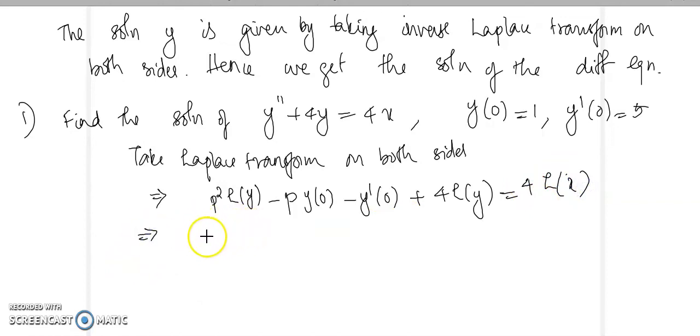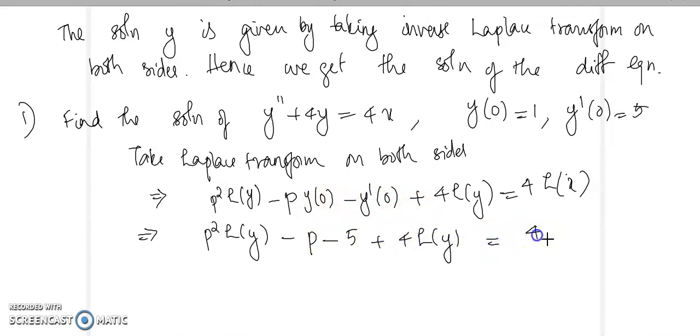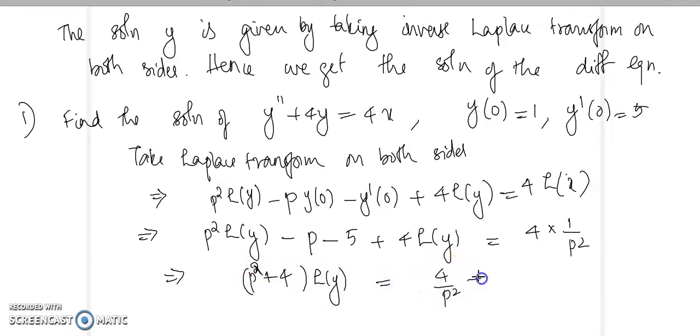So that gives p square L of y minus p, y of 0 is 1, then minus 5, plus 4 L of y will be equal to 4. Now L of x will be 1 by p square. Now, so you will get p square plus 4 L of y, that will be equal to 4 by p square plus p plus 5.